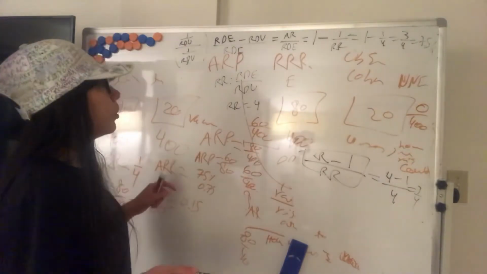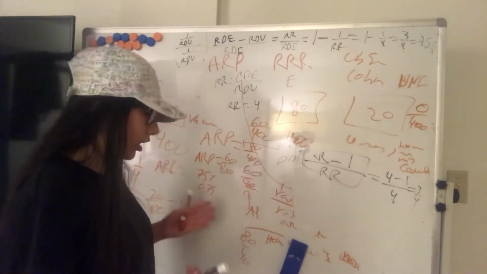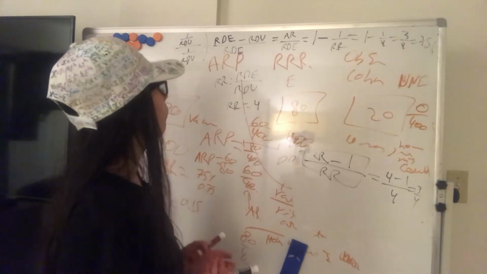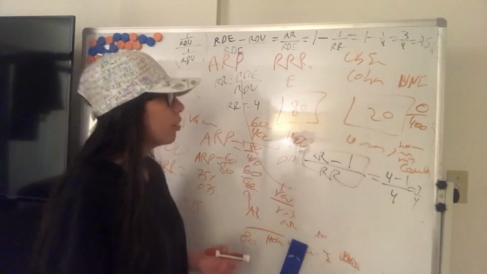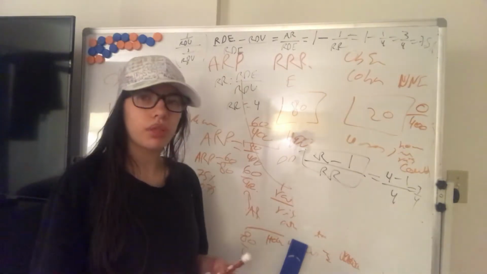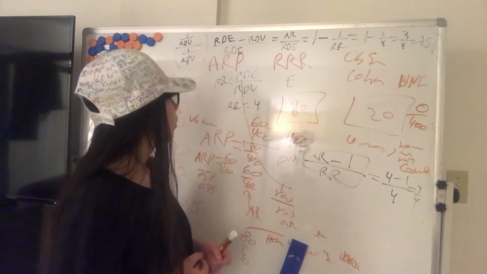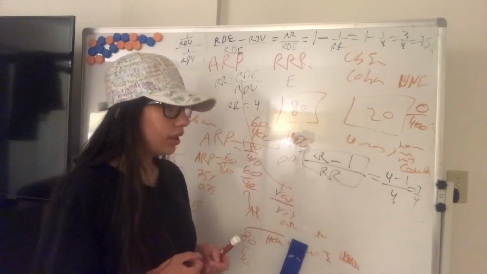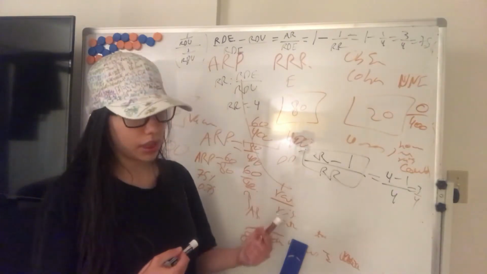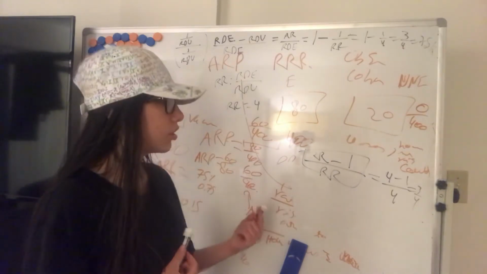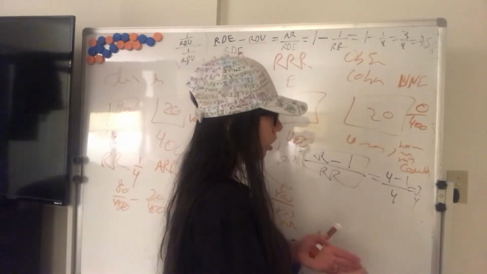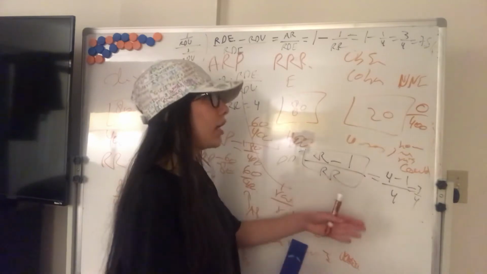Now, I think the most important thing is to know the meaning of attributable risk percent, because I think most of the time people get confused between attributable risk percent and attributable risk. Attributable risk is just how much risk I attribute to the disease.